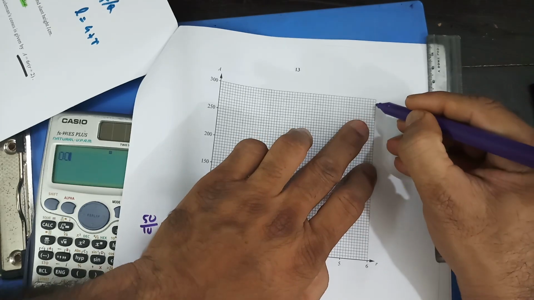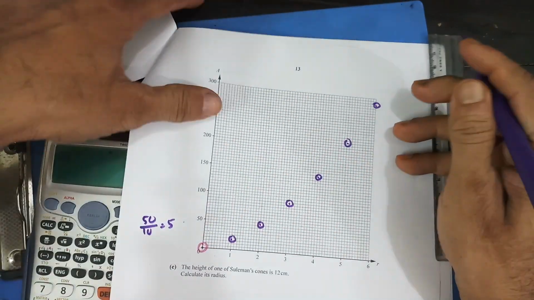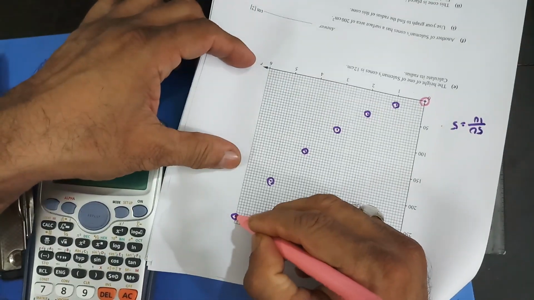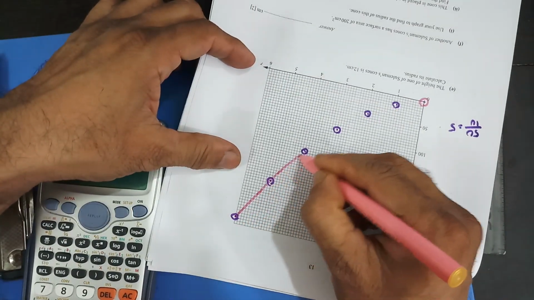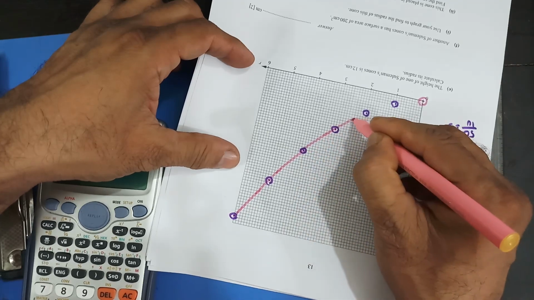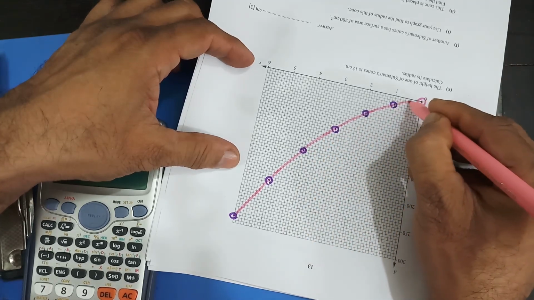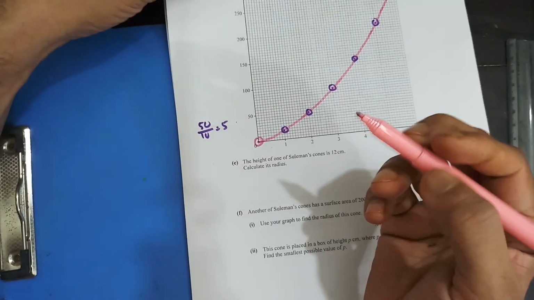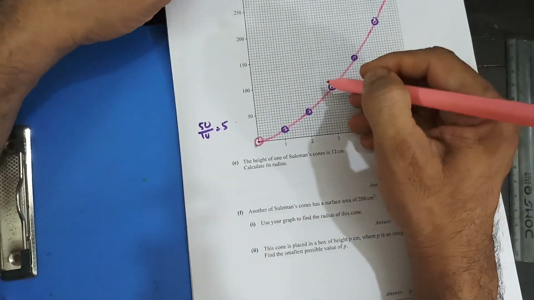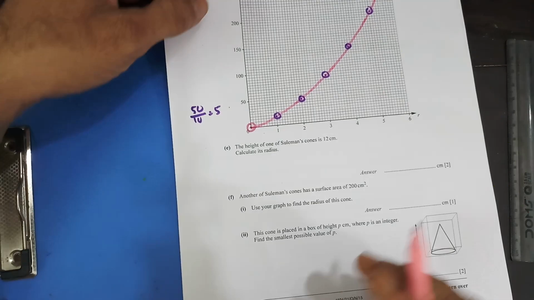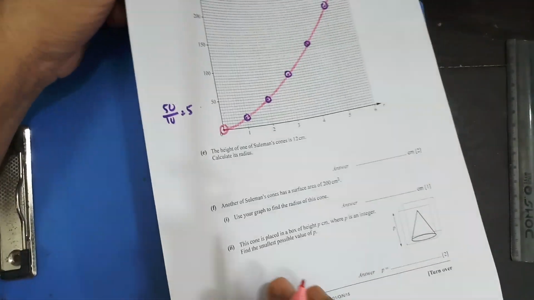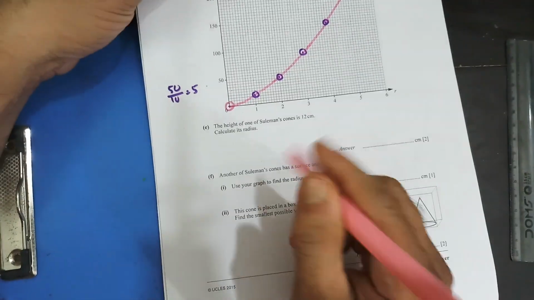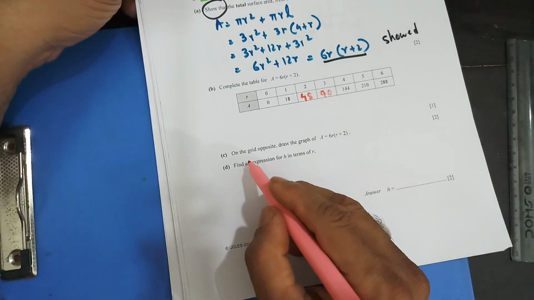Now we can just join these points. I'm using this thick pointer; when you do it with a pencil or pen, keep it sharp so that it gives a very thin line and an accurate value. I have drawn that.